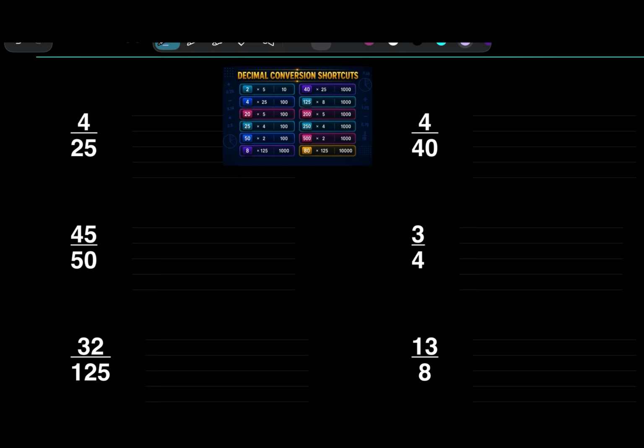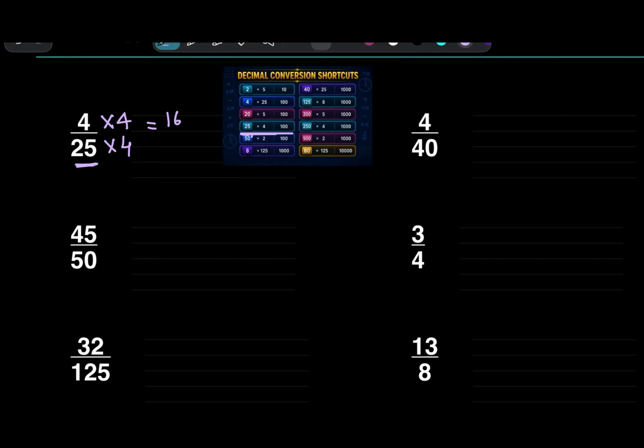4 upon 25. Now instead of 4 upon 25, I want to make this denominator with 1 and zeros. So 25, obviously I will not be able to make 10 because 25 is greater than 10. So let us see whether we can make 100. Yes, 25 into 4 is 100. Mind you, if you're making this into 4, the numerator also has to be multiplied by the same number.